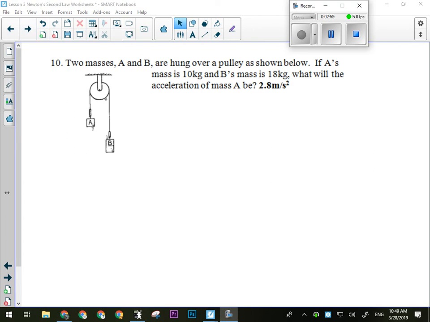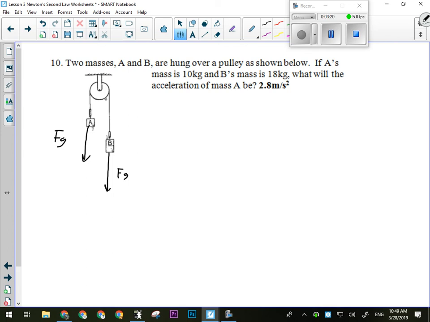On number 10, we have a vertical pulley. There's really not a whole lot different in a vertical pulley from what we just did with the pulley with a mass on a table. We're still dealing with a system where we have to combine the masses. The forces are the force of gravity and the force of gravity, those are our two forces here.